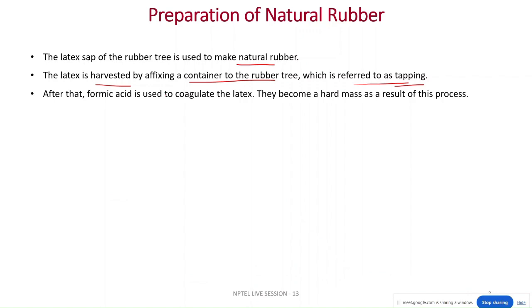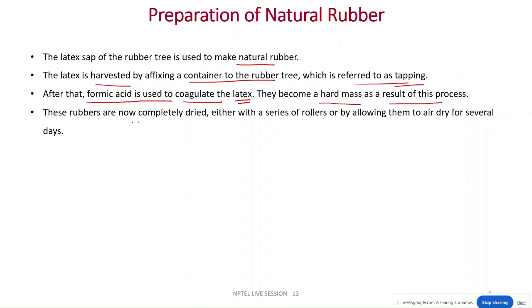After the tapping process, or after the latex is collected, formic acid is used as a coagulating agent. It is introduced into the latex for coagulation, and the latex becomes a hard mass as a result of this coagulation process.